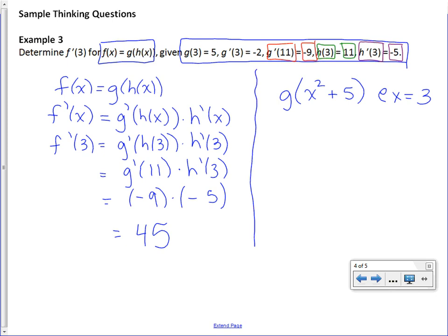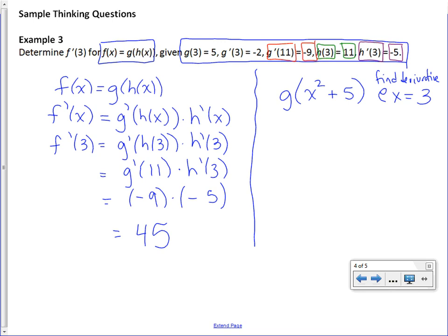So basically my goal here is to find the derivative of this. Forget about f for the moment. Here's a function, find the derivative of that at x equals 3. It looks a little different, but I'm going to ask you something. Is it still the chain rule? Is there still an outer function and an inner function?